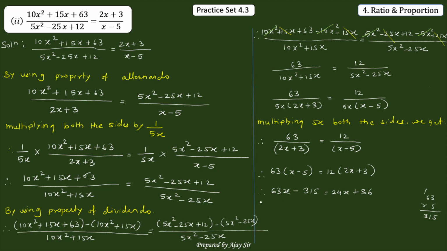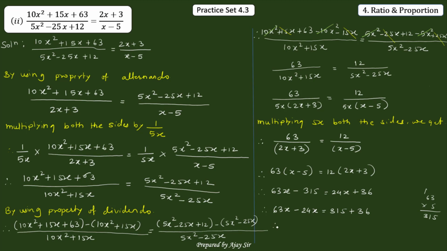Now let us cancel and rearrange the terms. Here 63x is bigger, so we keep it in the left hand side, and shift the other term to the right hand side. The 24x is plus, so it converts into minus 24x, and the 315 we shift to the right hand side, minus 315 converting into plus 315 plus 36.